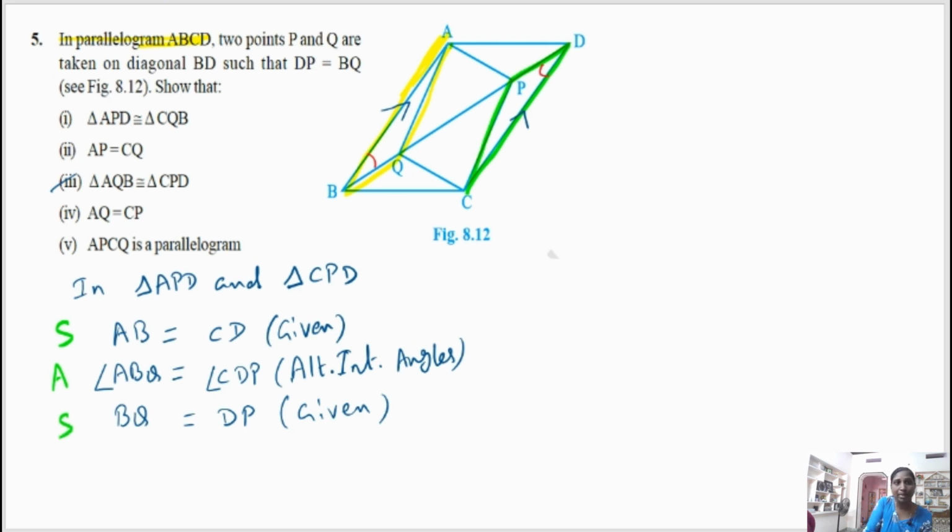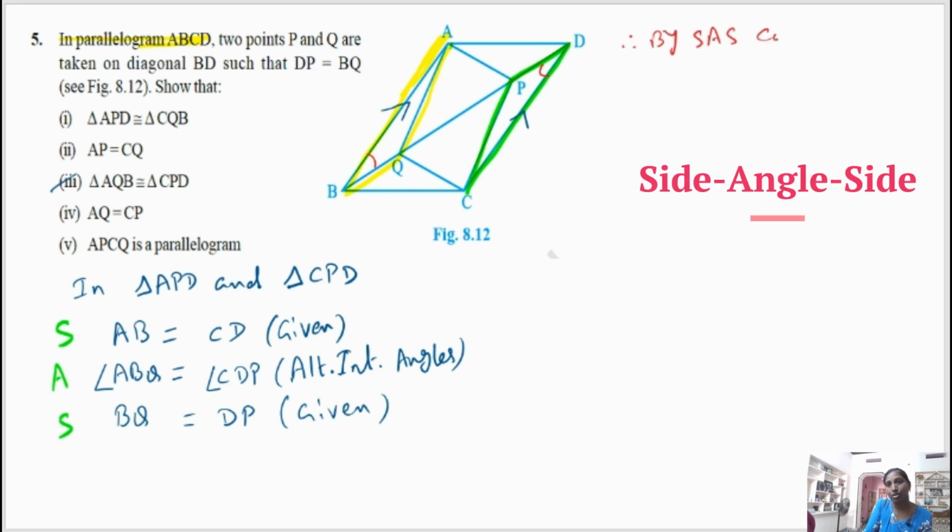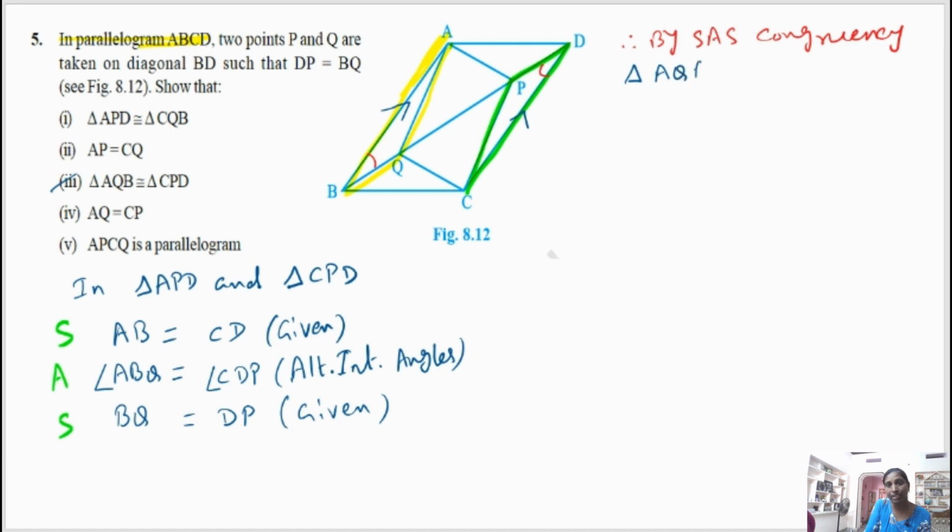It means therefore by SAS congruency, triangle AQB is congruent to triangle CPD. So we have proved the third point also.